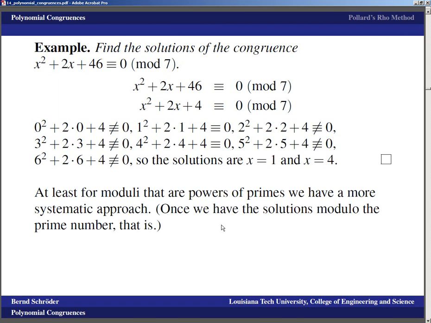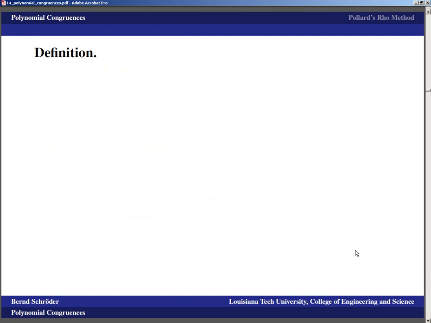And again, I only play a number theorist on TV. If there are better ways to find these solutions of polynomial congruences modulo prime numbers, I am not aware of them, unfortunately. So we're going to assume in the following that we have the solutions modulo the prime number and then see how we can find solutions modulo the prime powers.